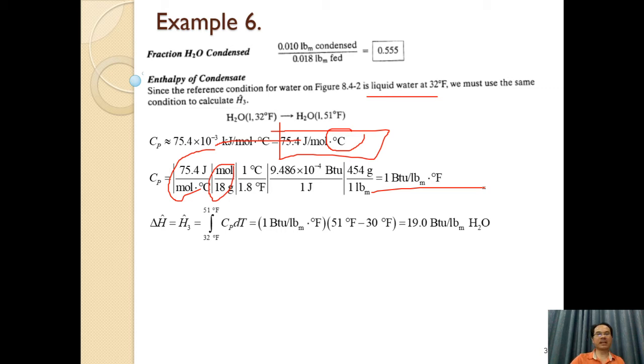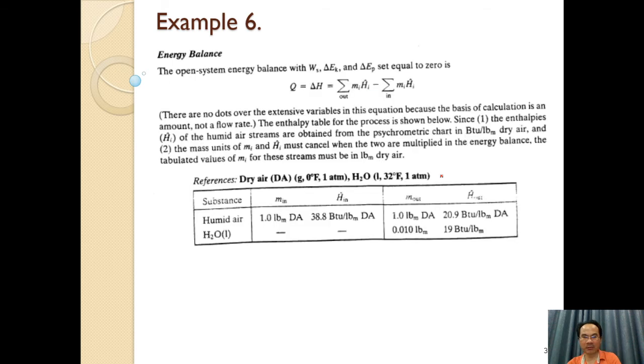Then you substitute Cp into the integration term, because delta S3 equals the integral from 32 to 51 Fahrenheit of Cp dT. Cp is approximately 1 BTU per pound mass water, and integrating the constant, you get T from 32 to 51, equal to 19.1 BTU per pound mass water.